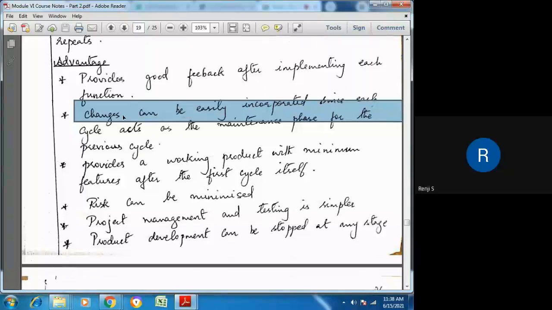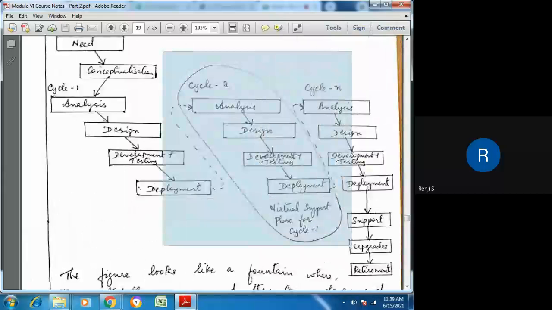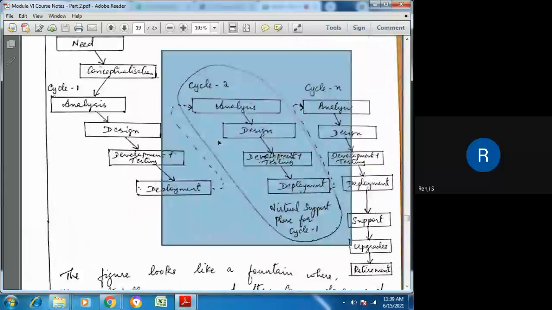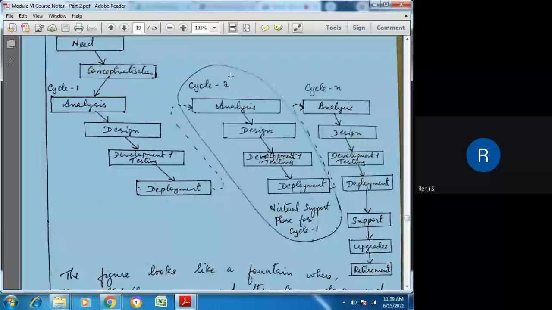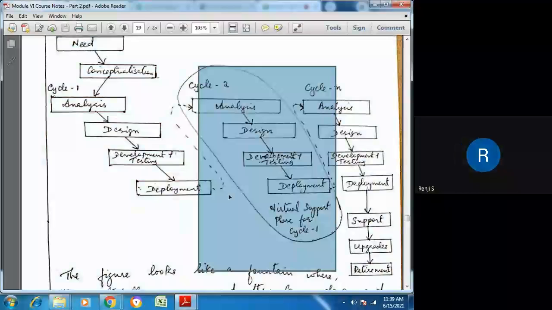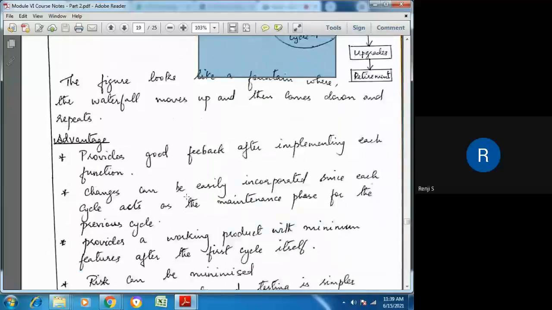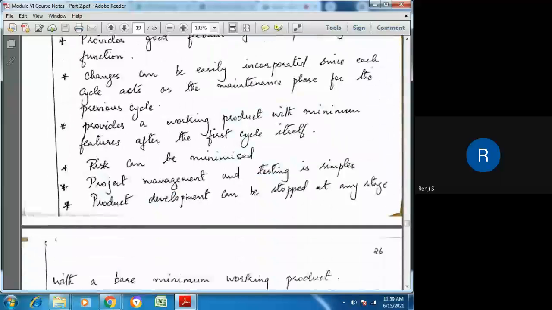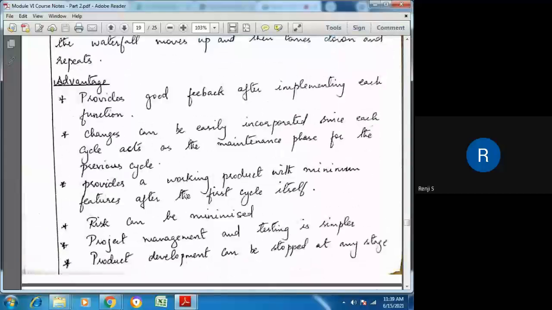Also, after each cycle, we have a next cycle following it, and cycle 2 will act as a maintenance phase for cycle 1, because any errors or bugs found during cycle 1 will be fixed in cycle 2. So the next cycle acts as a maintenance or support phase for the previous cycle, and the functionalities are thoroughly checked after each cycle.